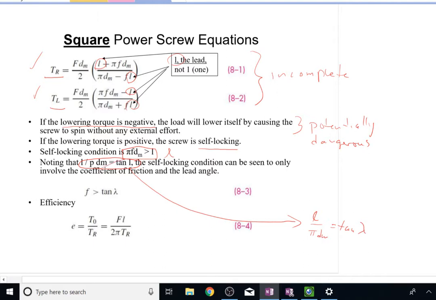This one did not make the transition well from a previous version of PowerPoint. But that would be right above equation 8.3 in the book, if you want to see this formula right here. However, the self-locking condition is that the coefficient of friction is greater than tangent of lambda.